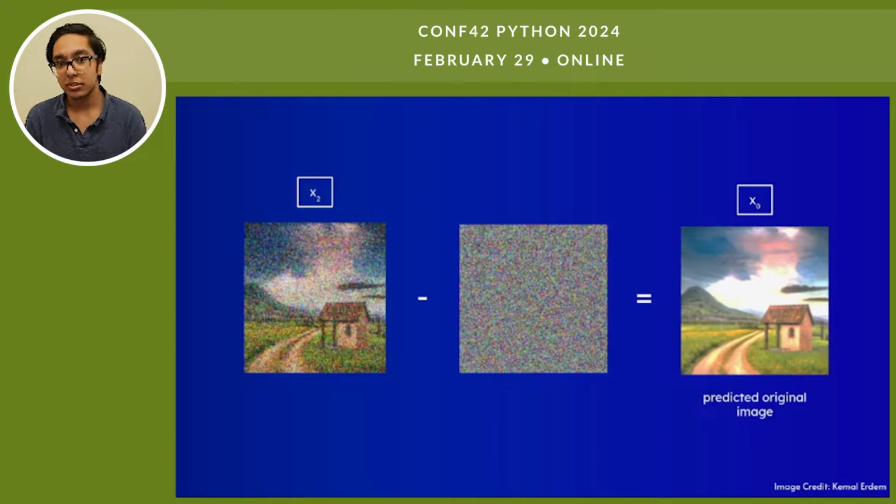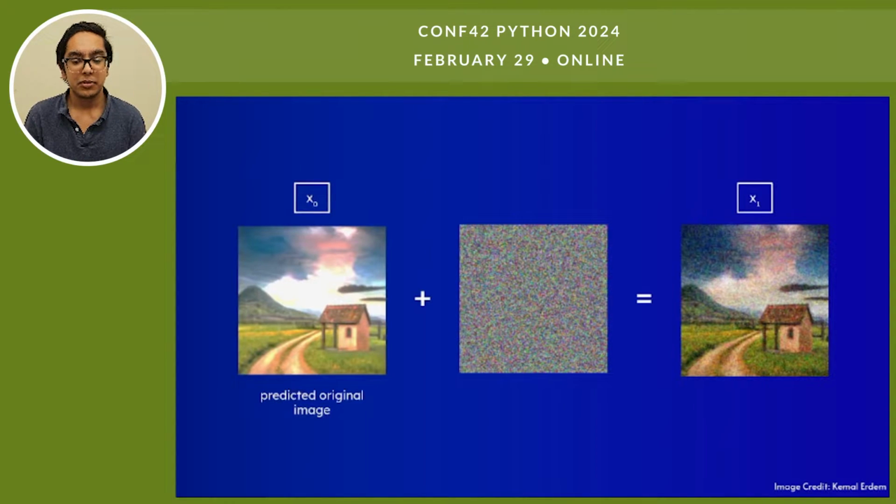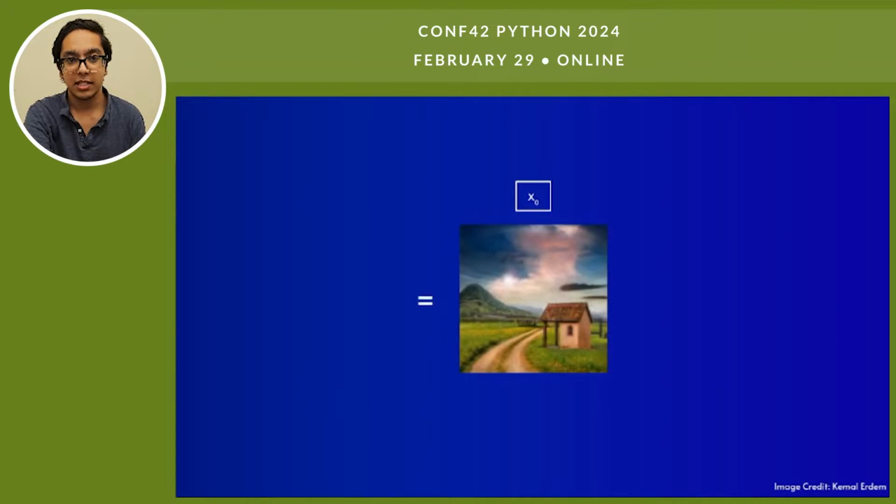So counterintuitively, we add some noise back to get to a step between the original image and our original input, let's say x1. And then once again, we predict the noise that separates x1 from x0, which is the original image. Once we subtract this value again, we're left with an even better approximation of our input image.